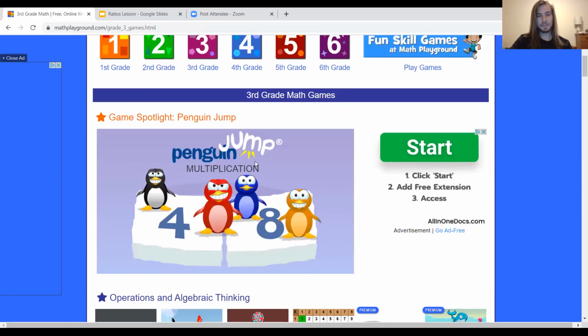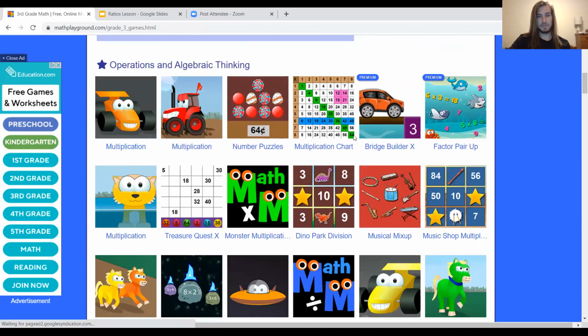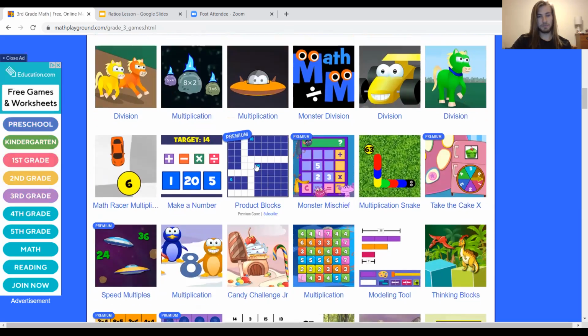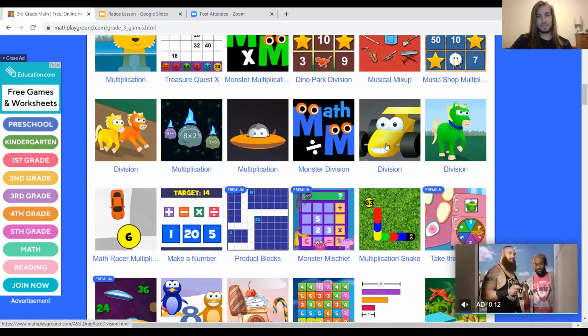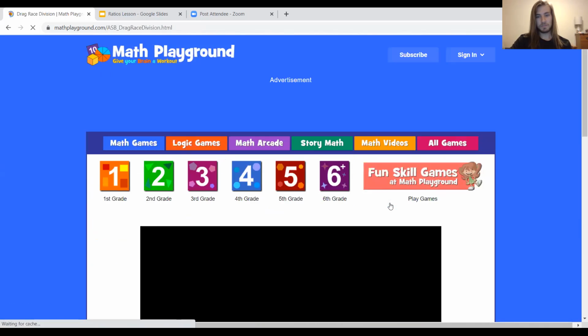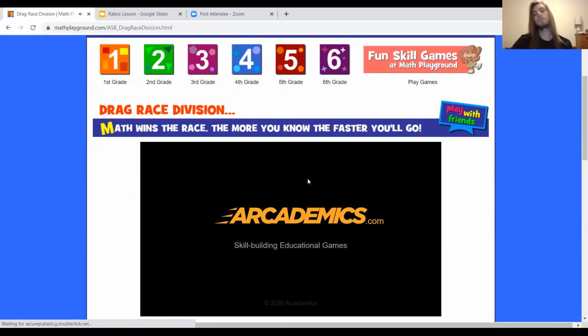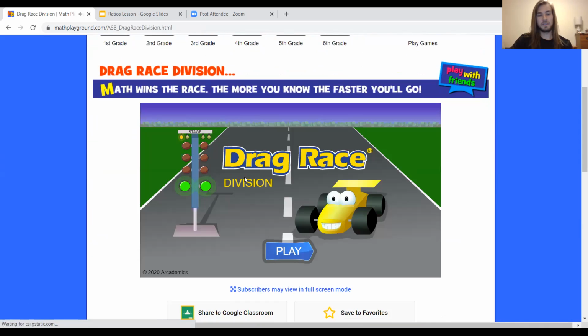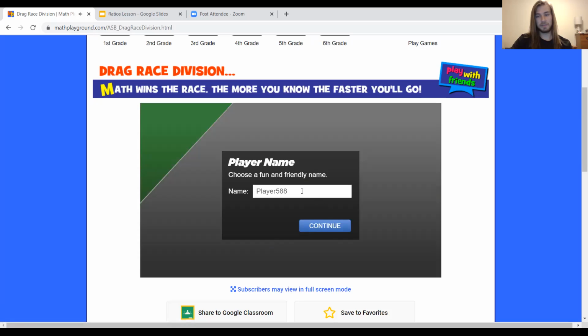And then there's a few other games, like for example, one of them being this division game. And you'll see there are a few games here, such as this one, where it's kind of like a race. So if you hit play, you can enter in your name.